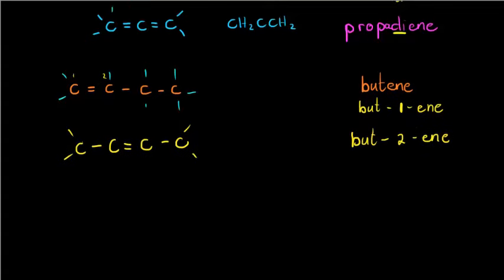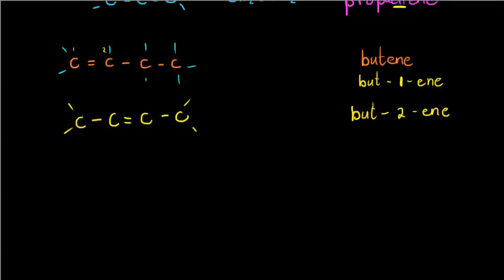third one. Okay, so in a longer chain, in this case, it wouldn't matter whether I number from the front, or if I number from the back. Okay, you would see that I wouldn't call this one but-3-ene, because but-3-ene would have meant that it's between the third and the fourth one.